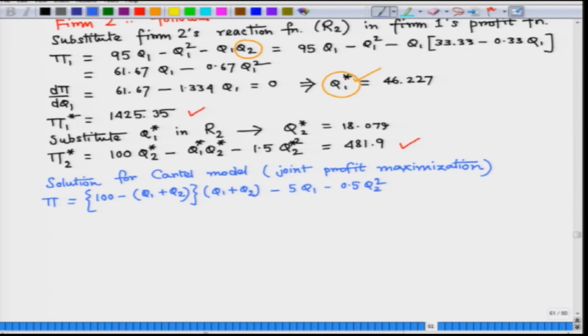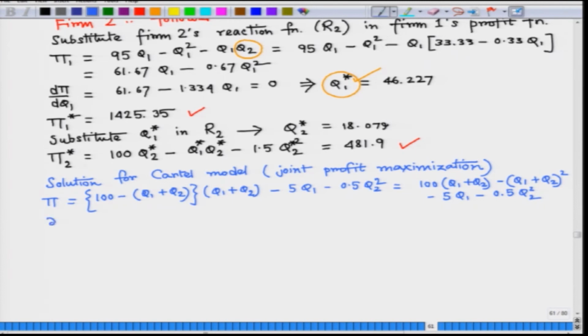So, finally, what do we get? We get a simplified expression which has 100 (Q1 plus Q2) minus (Q1 plus Q2) square minus 5 Q1 minus 0.5 Q2 square. Okay. So, now from the lecture on cartel we know how to proceed.